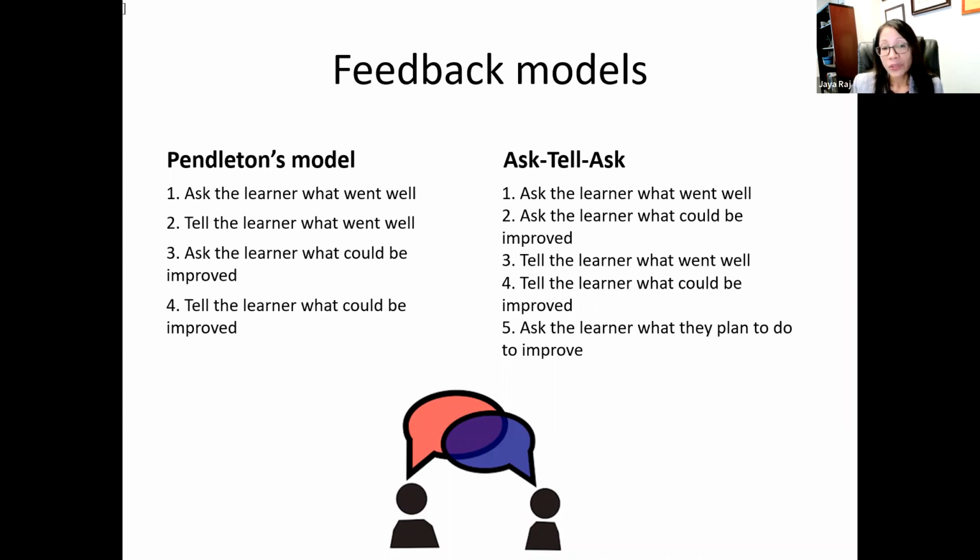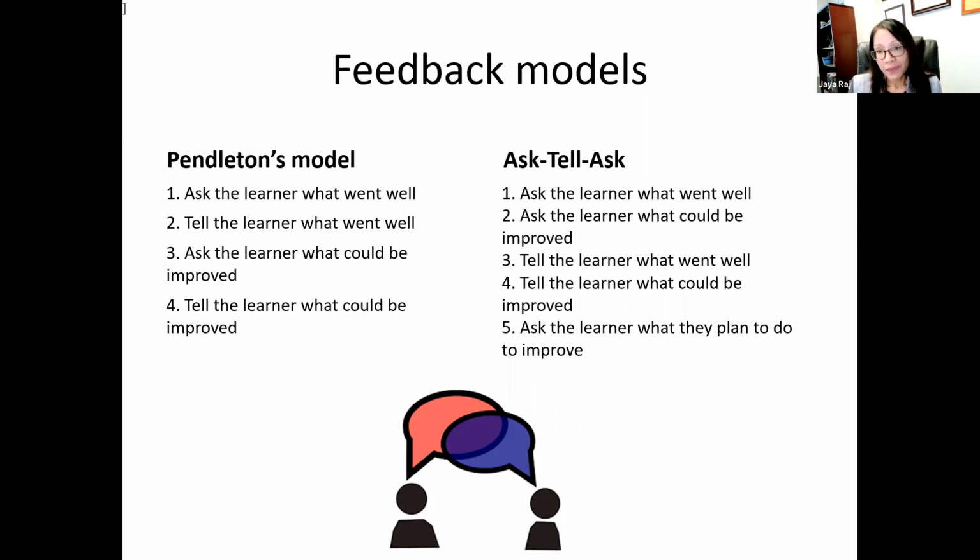It begins with the learner identifying something that they think they did well, and then afterwards something that needs improvement. And then you can reinforce whatever it is that you want to reinforce as far as things they did well. And then you can also correct anything that they did incorrectly.